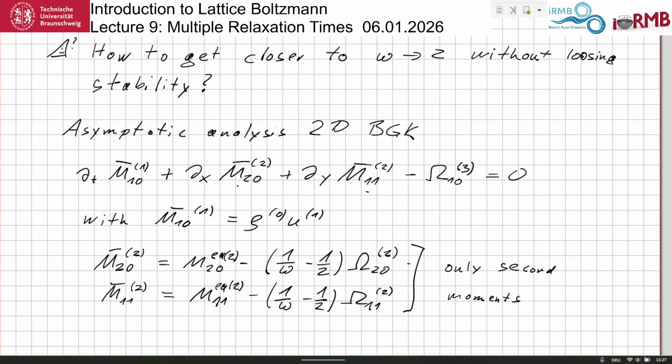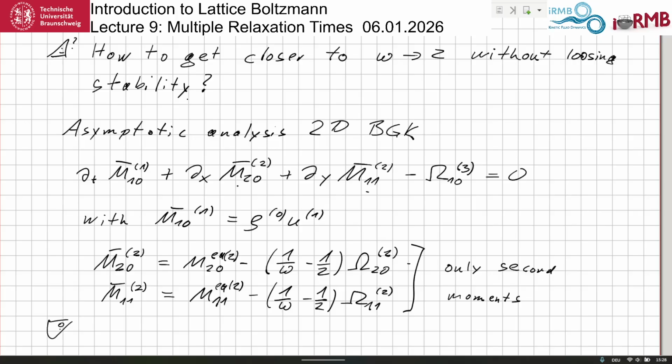In the asymptotic analysis. But in the code, it appears in all moments. Yeah, so we apply it to all moments, but relevant, it is only the second moment. Yeah, so now obviously you see, the question is, can we apply this only here and do something else somewhere else?